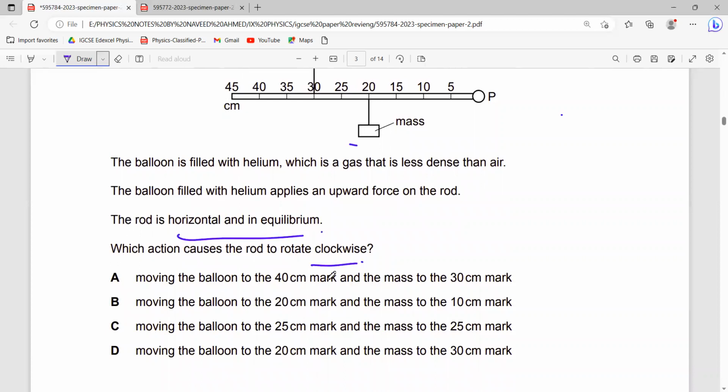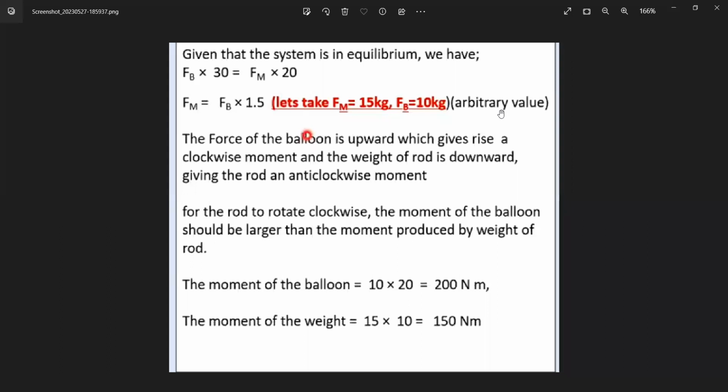Now we see the solution of this. Given that the system is in equilibrium, we have the clockwise moment, meaning the force produced by the balloon multiplied by the distance, that is 30 centimeter, and the force produced by the mass and the distance of the mass is this.